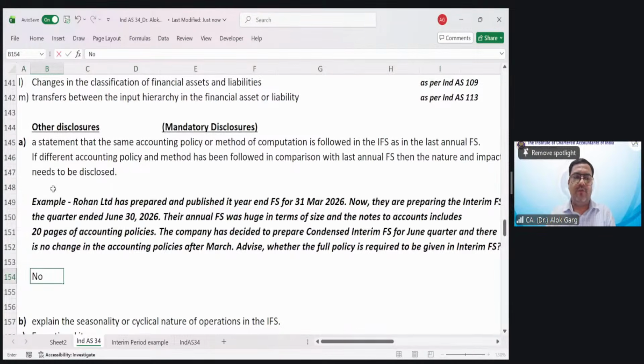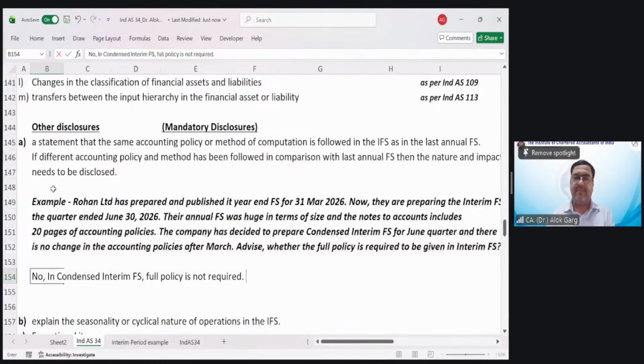No. In condensed interim FS, the full policy is not required, right?